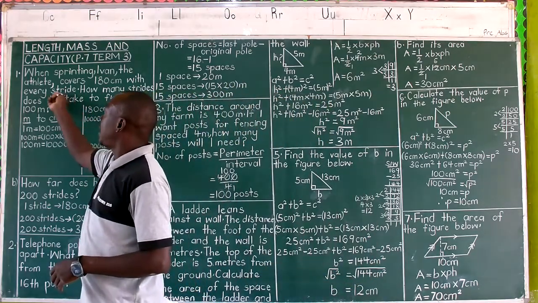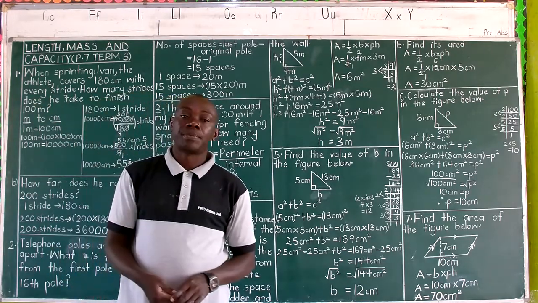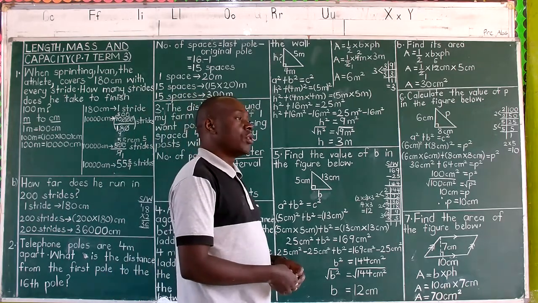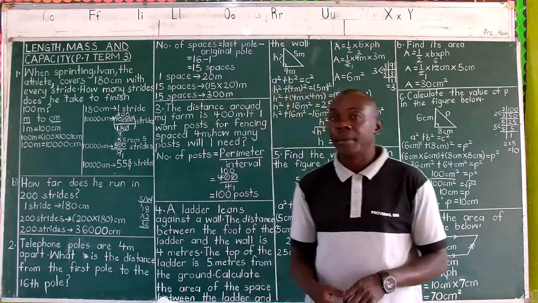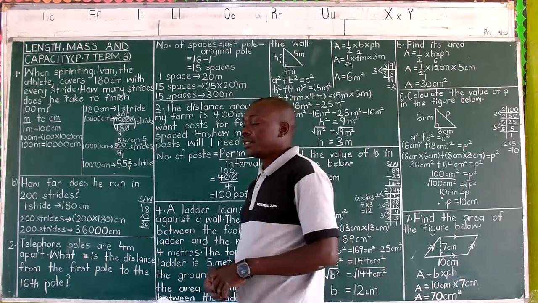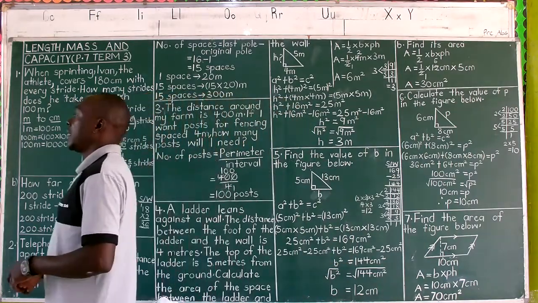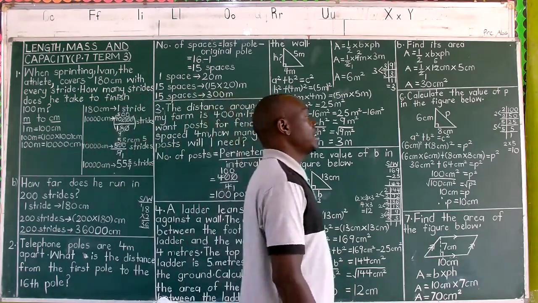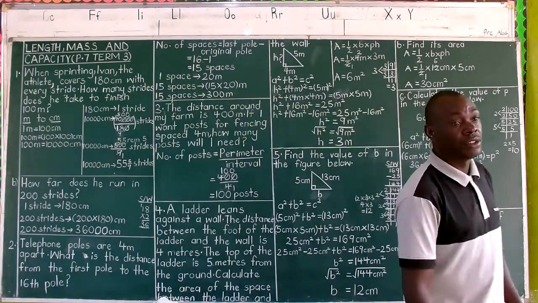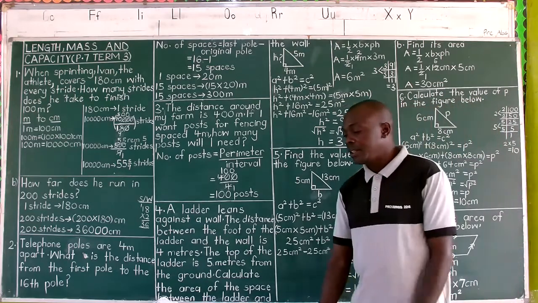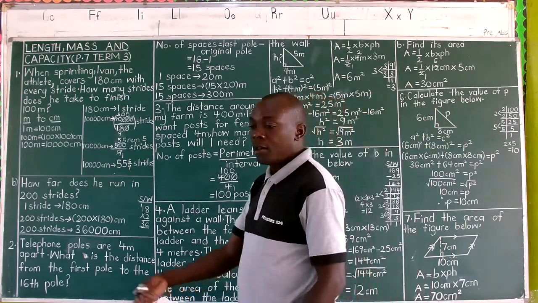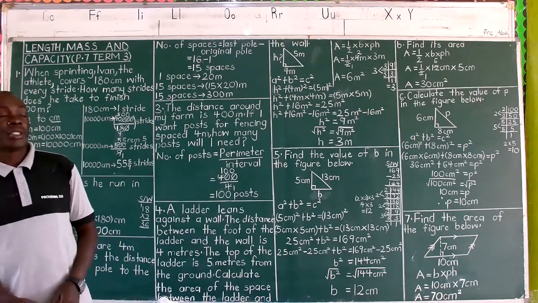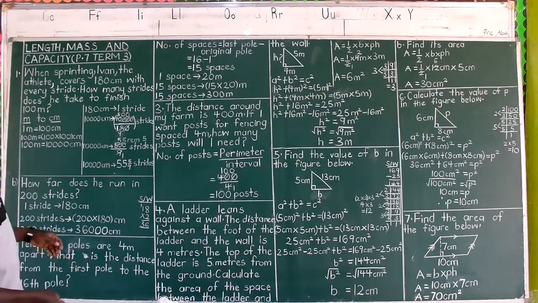Here you must know what a stride is. If you don't know, I'm here to tell you that the distance between your feet while walking is called a stride. Like now, I'm making strides. A stride, a stride, a stride, and then I turn and make strides still. So that distance between your feet while on the move, while walking, while running, is called a stride.